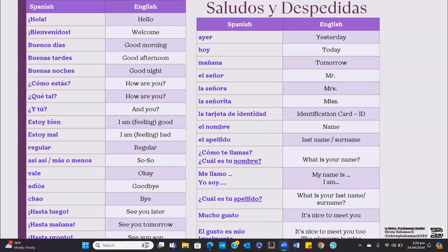So let's say DeVario started a conversation asking the names of the 3 other people in his group. He can start, hola, me llamo DeVario Clark. ¿Cómo se llaman? What are your names?